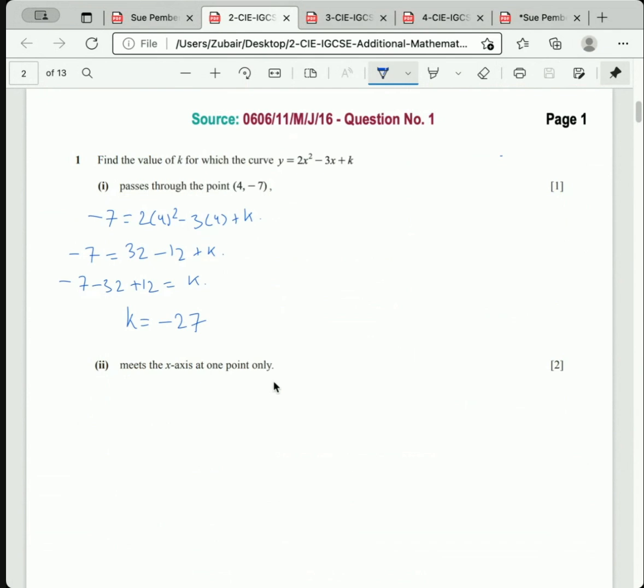Meets the x-axis at only one point. I'm changing this into completing the square form. Y is equal to 2x squared minus 3x plus k.